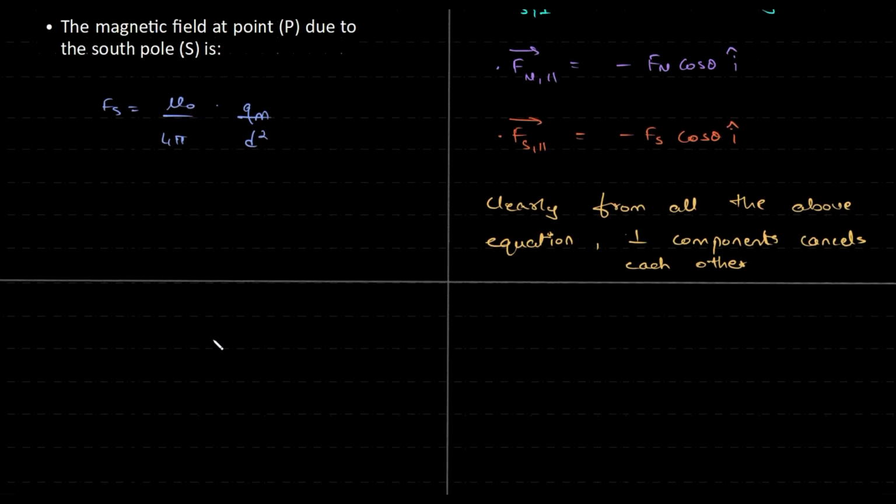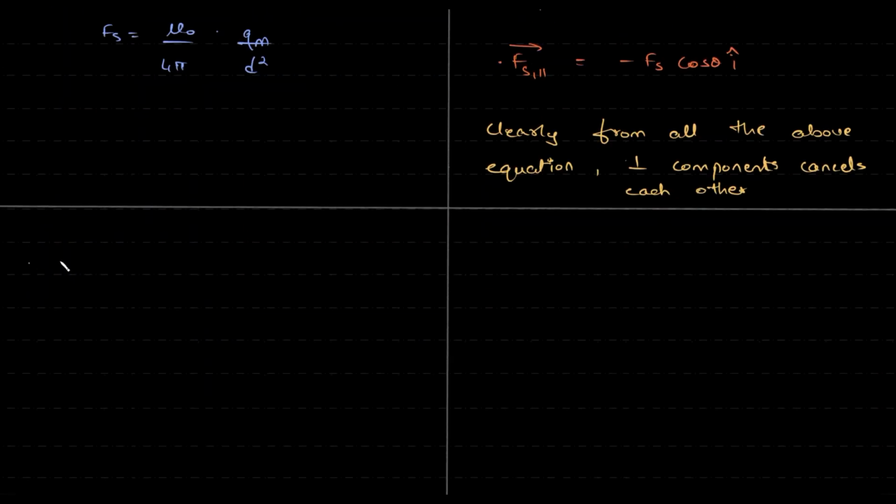So with that out of the way, let's move on to the net field at point P, which will be equal to minus Fs cos theta I cap and minus Fn cos theta I cap.